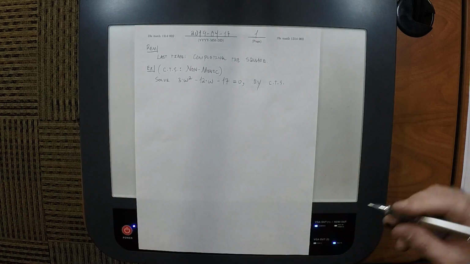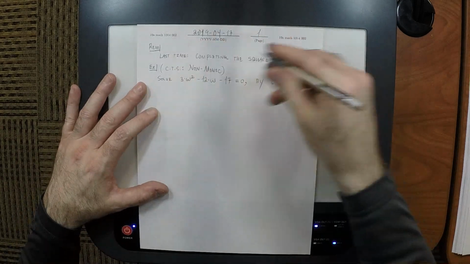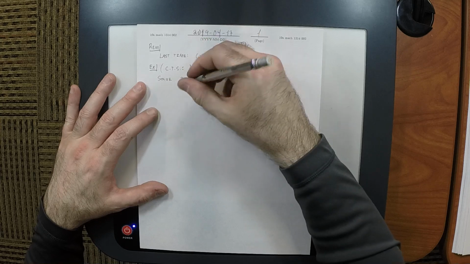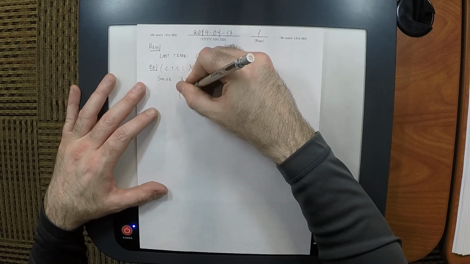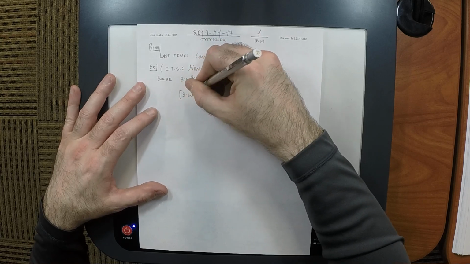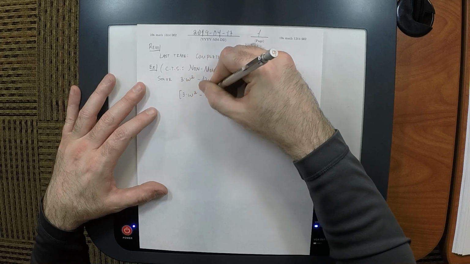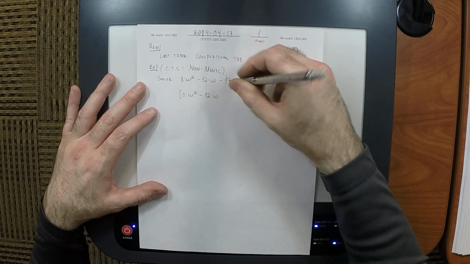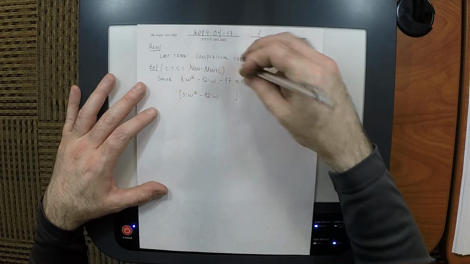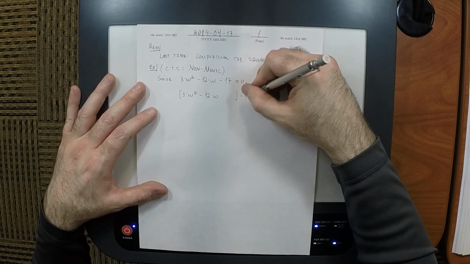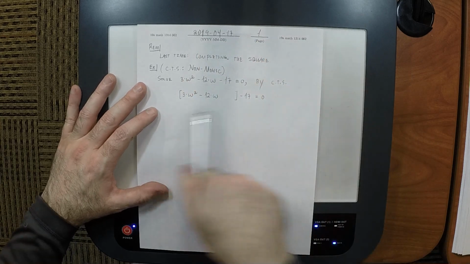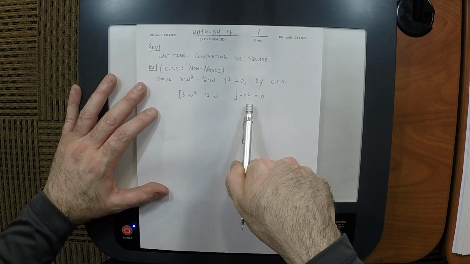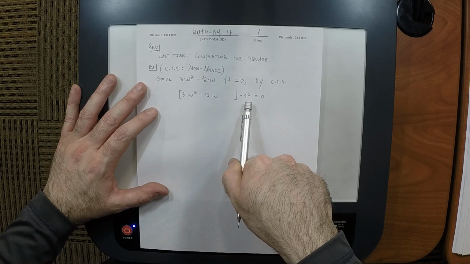So we're going to do it by completing the square. So the first order of business is we'll make a group of the terms that have the variable. So that's the group of terms with the variable. And then that one doesn't have the variable, so it's isolated over there.